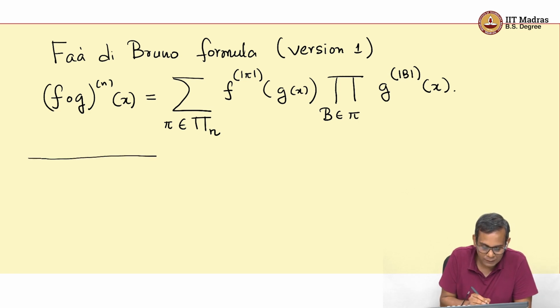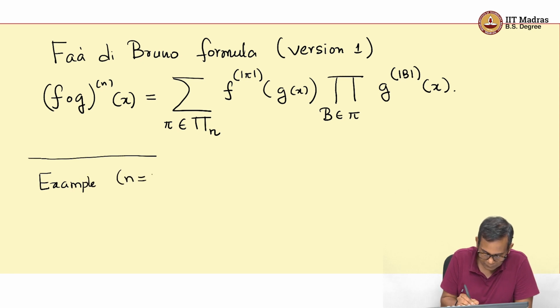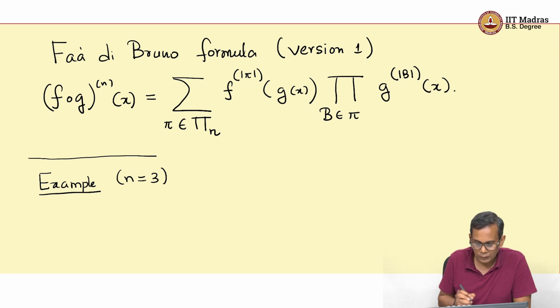So let's just see what this says in the case of n equals 3. So then we have how many set partitions did we have? Remember, we have 5 set partitions.